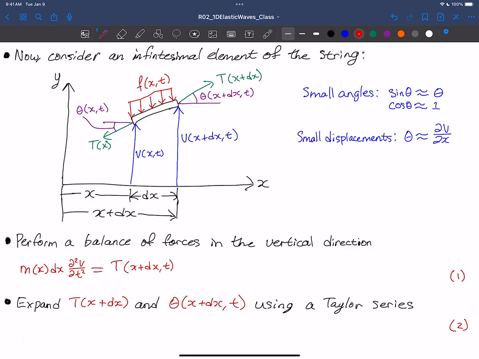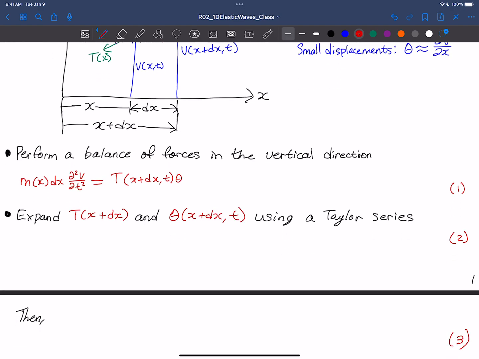However, we can use small angles here and instead just write theta of x plus dx comma t, then minus T of x times theta of x comma t. That is the vertical force from the tensions. And then lastly, we have our external force, which will be f of x comma t times dx.